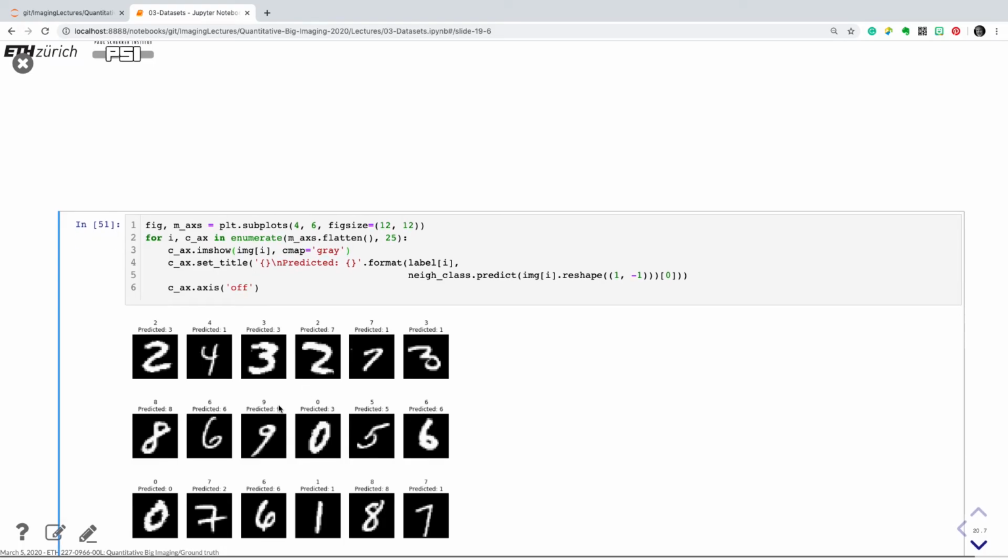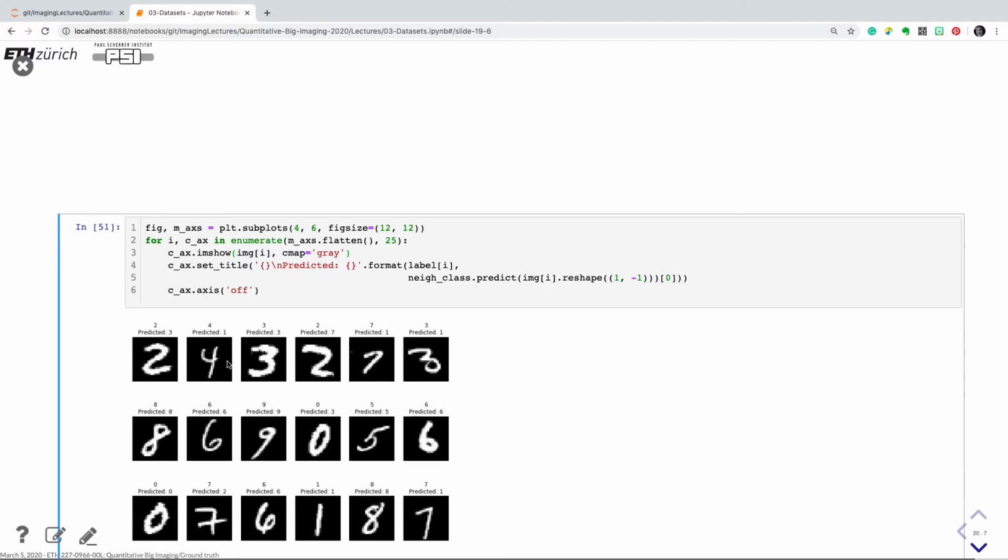So, looking at some other ones, now we look at a test with a different region, different part of the data set, and now you can see here it should be a 2, but now it predicts a 3, it should be a 4, it predicts a 1. Here we have a hit.